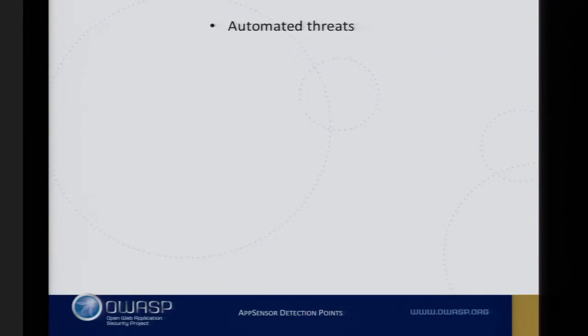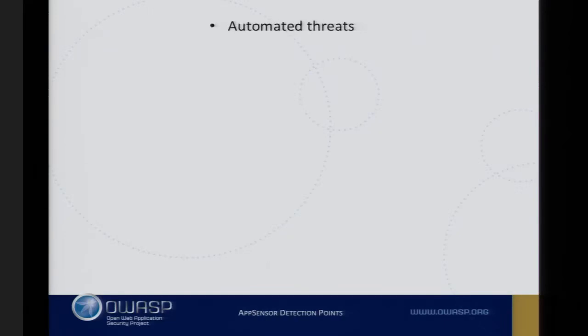Automated threats. As I mentioned before, I'm a co-leader on the OWASP AppSensor project, which is about real-time attack detection and response in software applications. So in other words, self-defending applications. One of the things that I'd pondered on in that project was which were the best types of detection points for attackers.